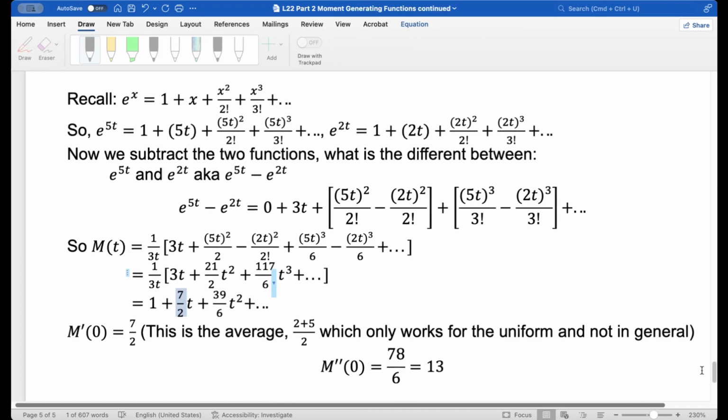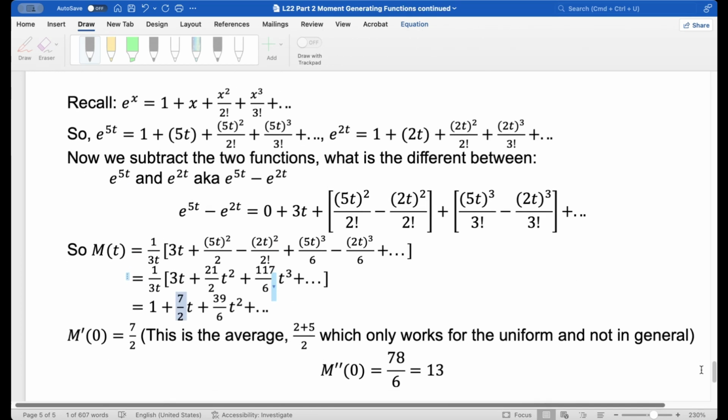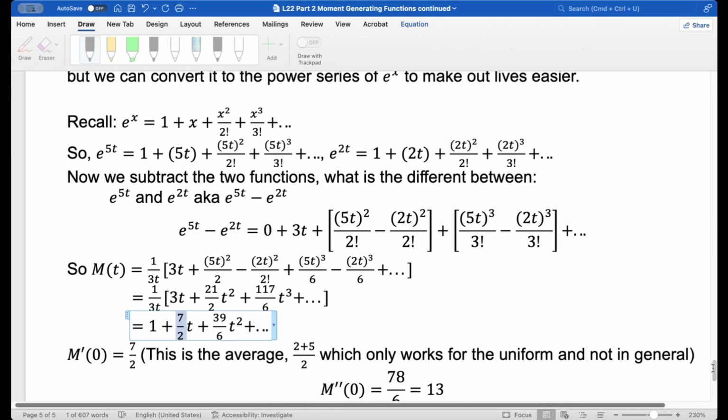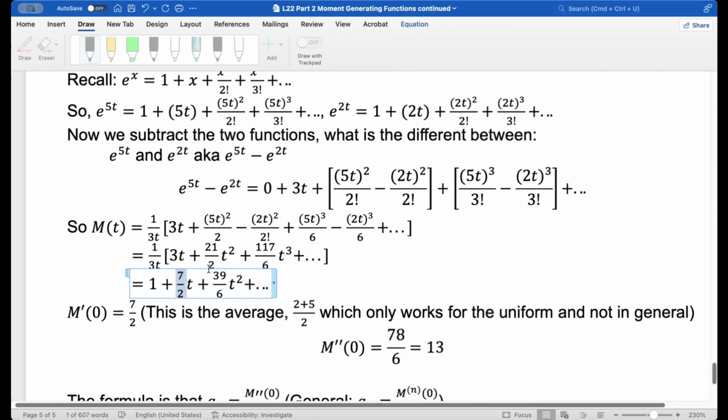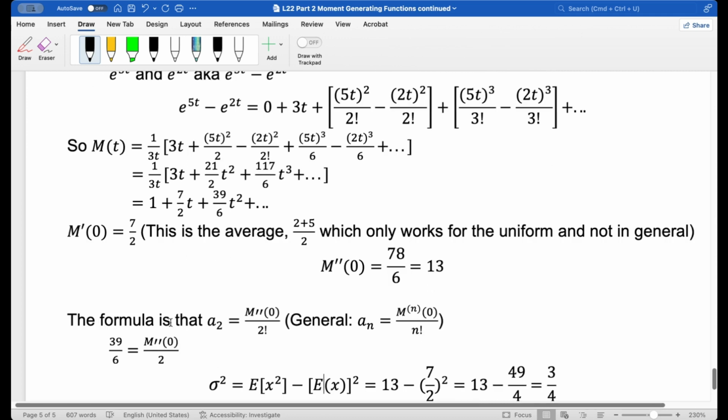And then to get the second derivative, we could use the coefficient formula, or we could just take derivatives here, and we end up with 78 over 6 for M double prime of 0, which is equal to 13. Again, you can do that by the derivative or using the fact that the coefficient of t squared is going to be the second derivative divided by 2.